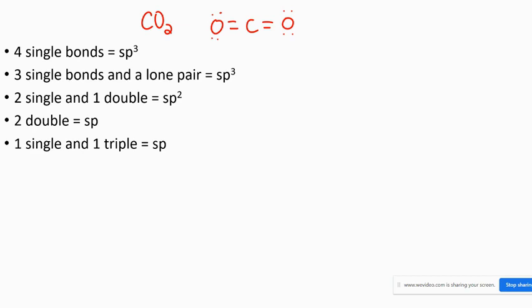Anytime you have a double bond, you have to have a p orbital for that double bond to reside in. Because double bonds are side to side instead of end to end. And we can't do that with an sp orbital. So when we are looking at the hybridization of this first oxygen, we have to reserve a p orbital.